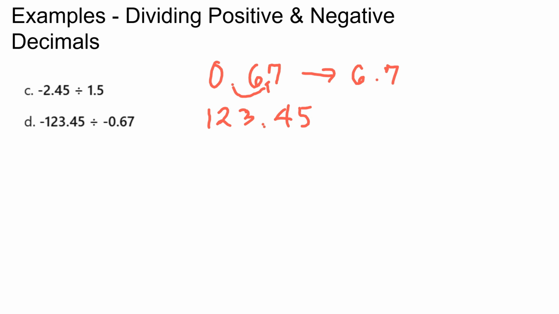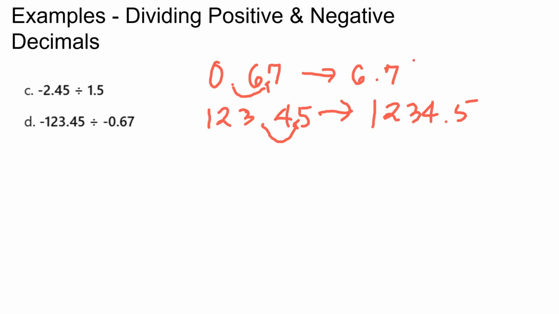We move the decimal point to the right too, so that will be 1,234.5. Now you can see that they're not yet both expressed as whole numbers.